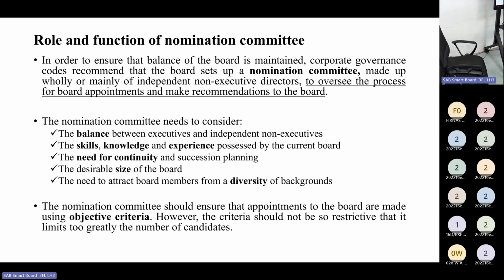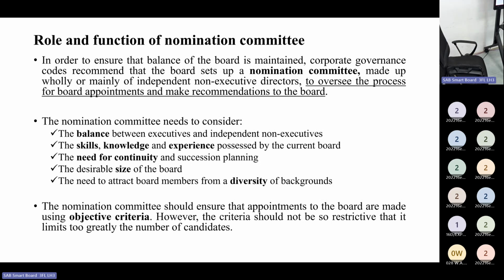Altogether 10 members were there. Out of that, 6 were executives and 4 were non-executives. They showed that through graphs. So in that company, the structure is 10 members, 6 and 4. Executives dominate, so the nomination committee needs to understand what the balance should be.